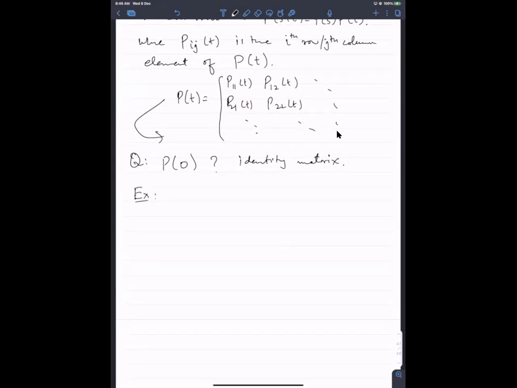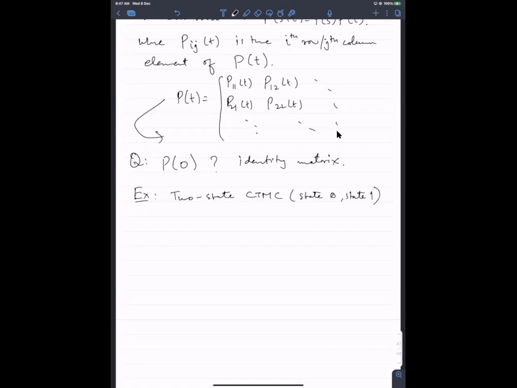So let's say you have a continuous time Markov chain with two states. Okay, and let's say you have these two state CTMC, state 0 and state 1. ये उनके बीच में चलती रहती है, state 0 state 1.